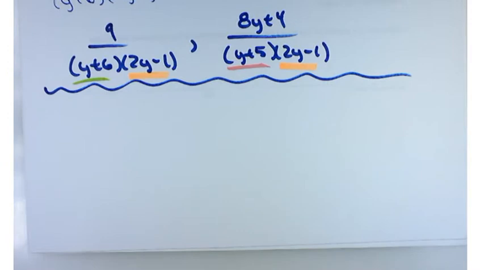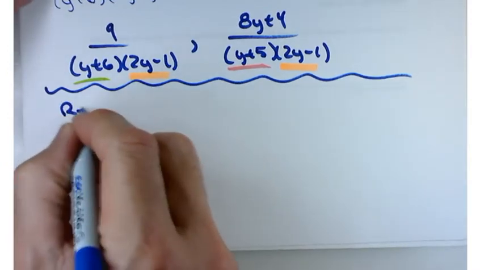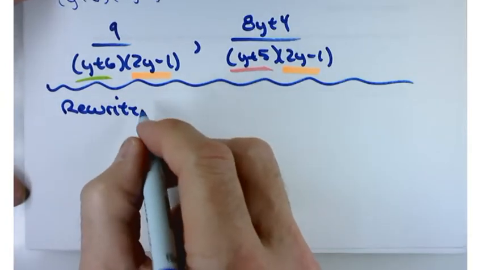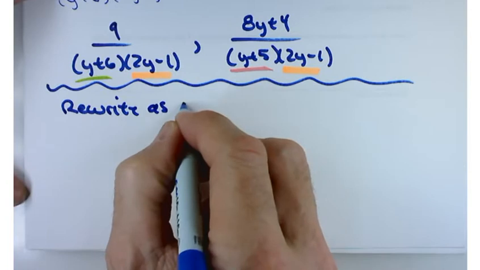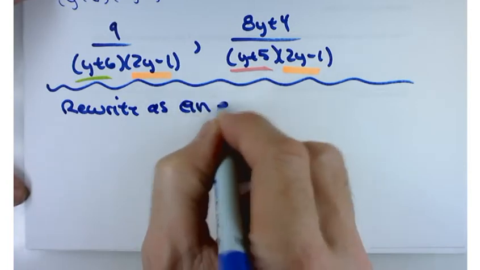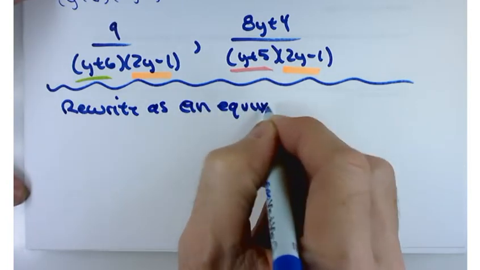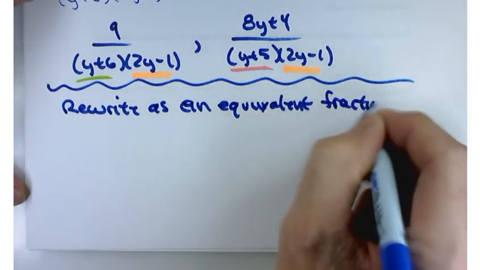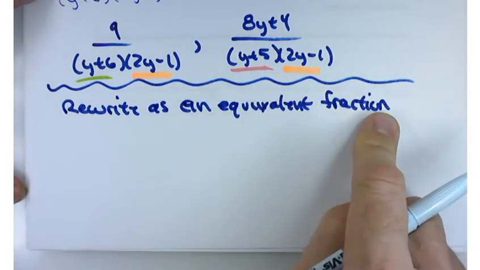So the instructions that you'll see in Newton would be something like this. Rewrite as an equivalent fraction. Now, Newton will probably say rational expression, whatever, same thing.